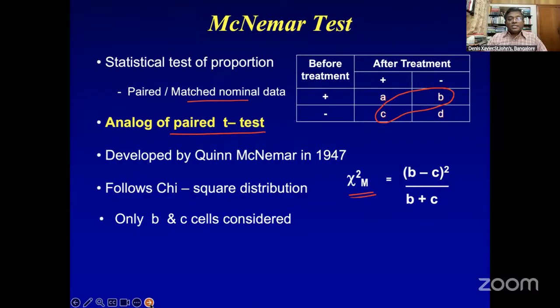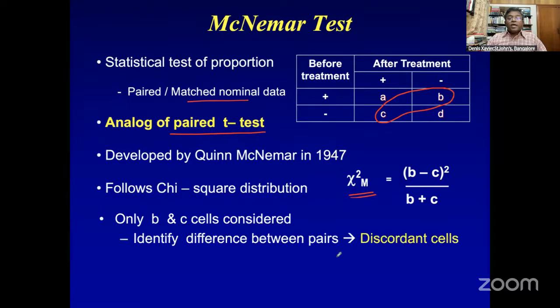Only B and C cells are considered because they are discordant cells. What is the meaning of discordant? The situation before and after changed. The situation that was there before has changed after treatment. C number of people had no pain before treatment, but after treatment, they got pain.